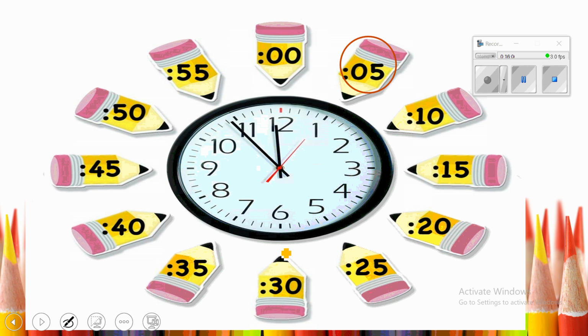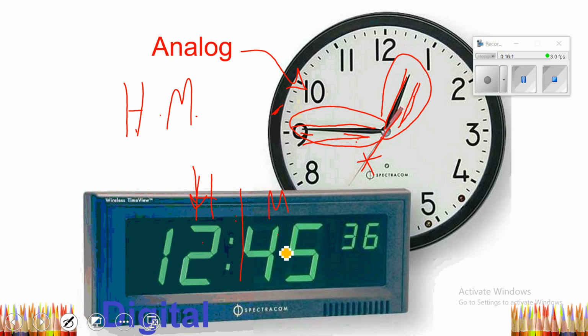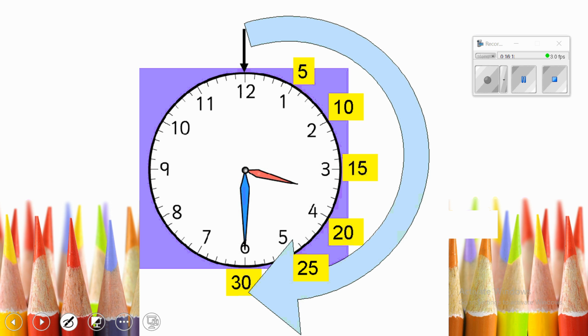Here I'm telling you that each number represents minutes. Here is 5 until 55, and then I go again to 0. Yes, here it is. I told you, when I'm moving from 12 to 30, I make a half.